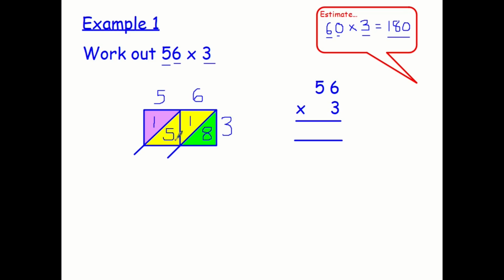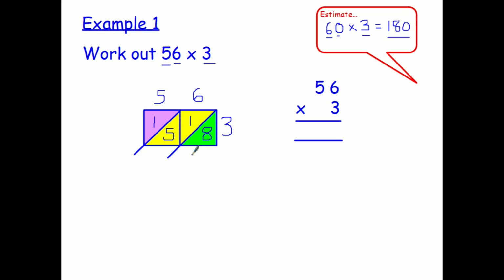The final part of this diagonal method is to add along the diagonals, which I've coloured in. Now, when you get bigger numbers, you'll have more of these to add up, but for this example, it's quite straightforward because there's only 1 number here. Here, I'm just going to add along the greens. As I say, there'll be more digits if you're multiplying bigger numbers, but you add along the diagonals.